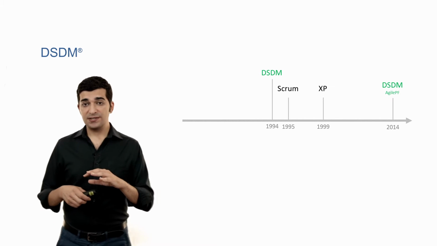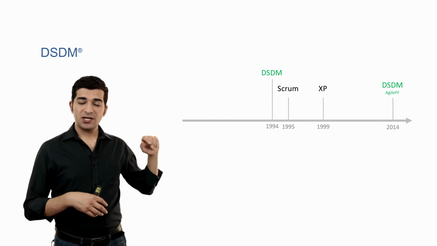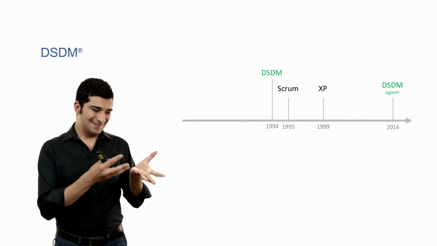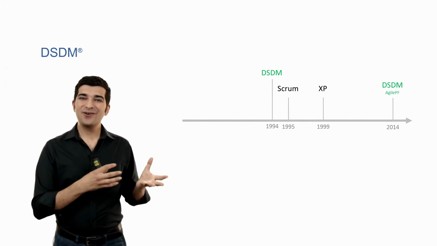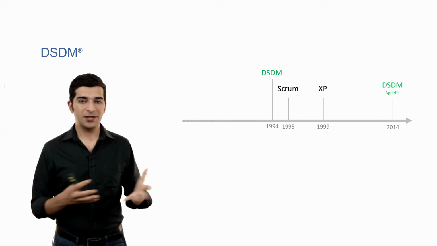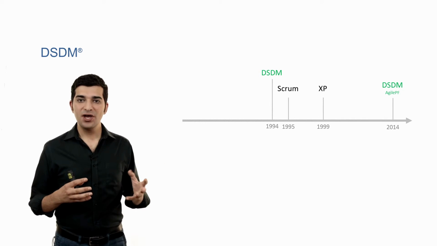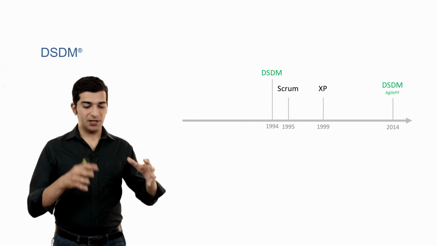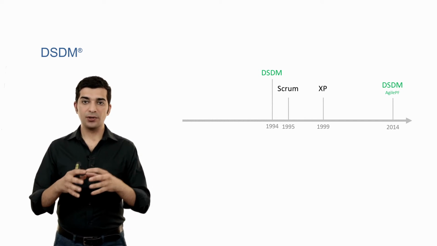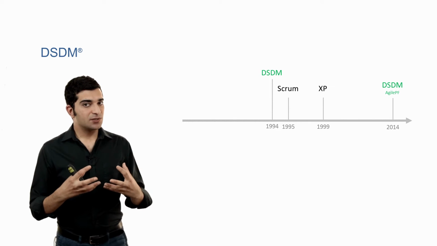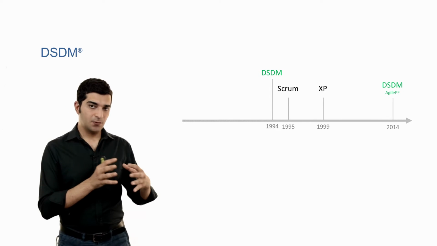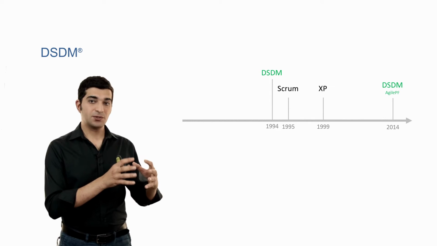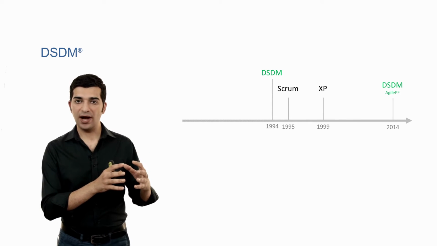But the point here is that for everything you see in this timeline, the dates are really fuzzy. I tried really hard. I didn't know exactly what to do. So, for example, for XP or Scrum, there used to be a bunch of people using a certain method in their development, and after a while they started calling it something, such as Scrum or XP.